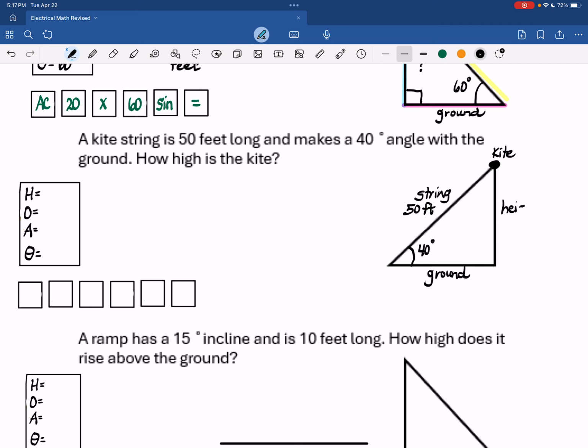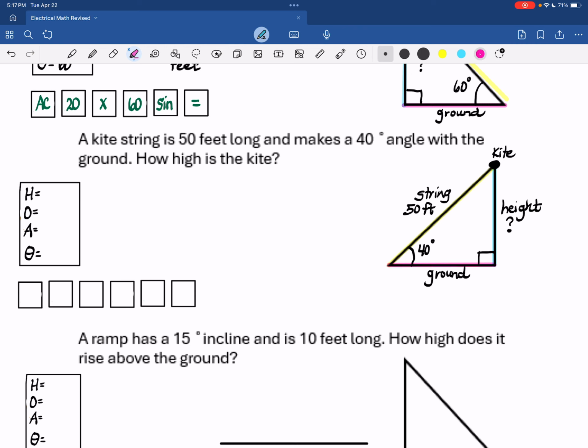So we're looking for the altitude or the height of the kite. Here's your 90, and that helps you figure out all these parts. So the height is the opposite. The hypotenuse is the string, and the ground is the adjacent.